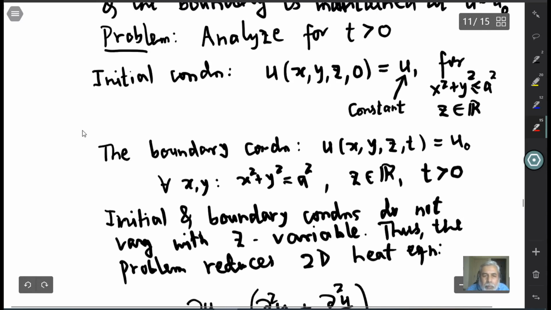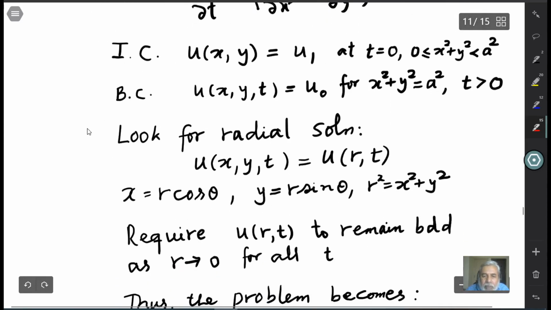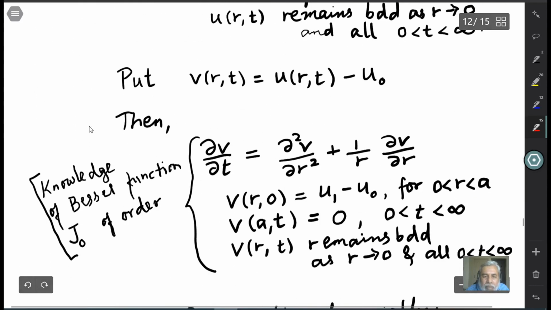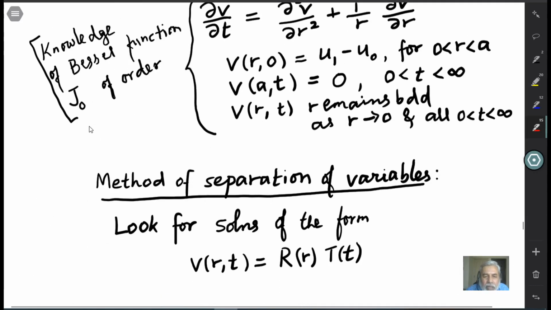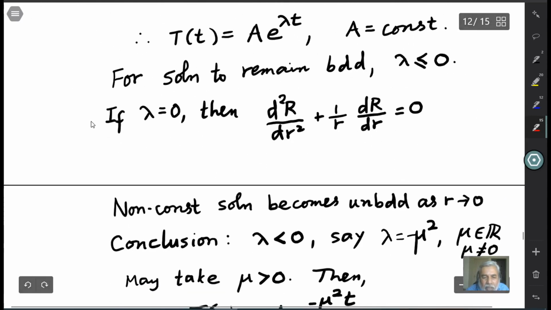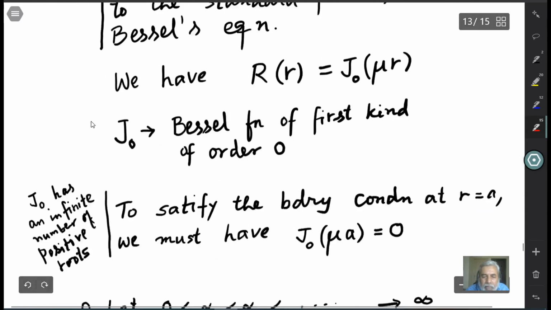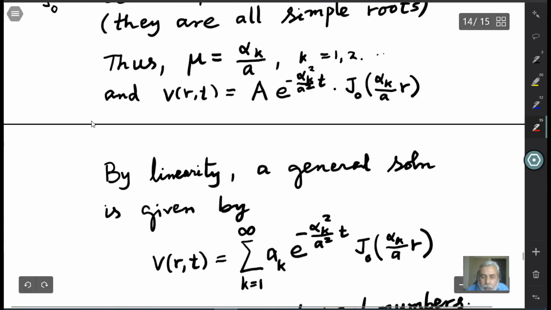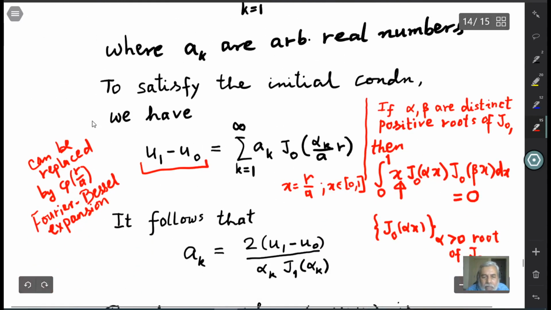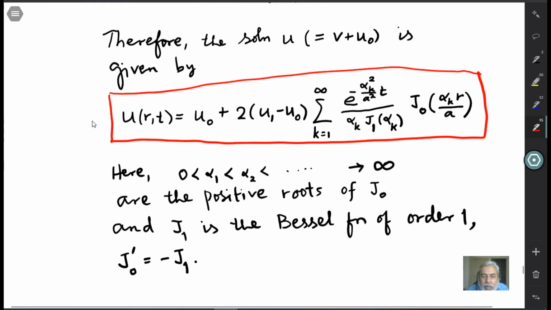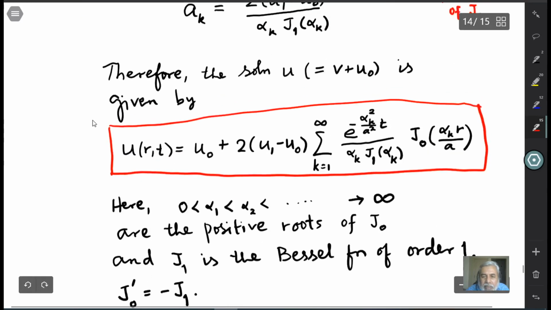One can still work it out with separation of variables, but the computations are more lengthy and involved, and the expressions look more complicated, but that is also possible. So you can include the z variable in this analysis.